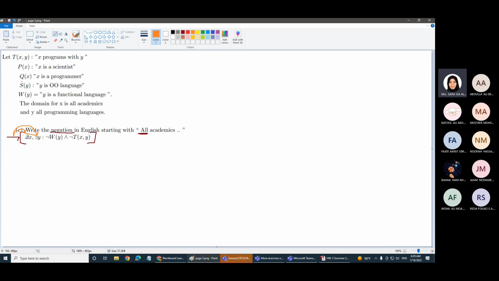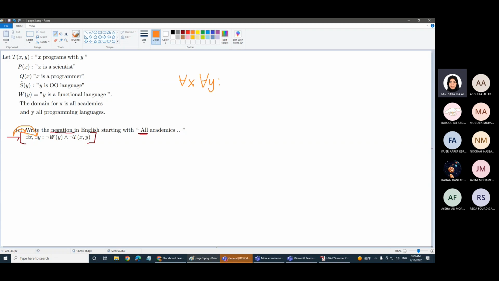How to distribute? As I said before, the first step you have to change the quantifiers. there exist x there exist y بتصير for all x for all y. This is the first step.